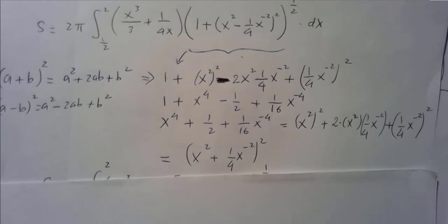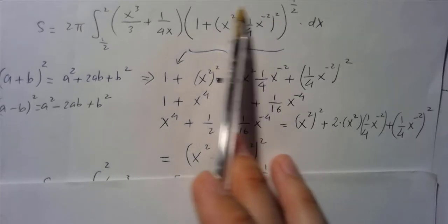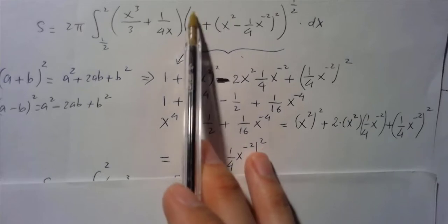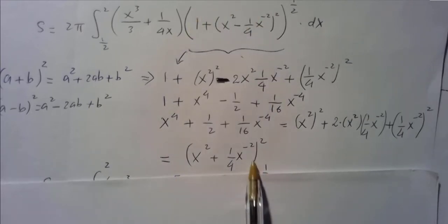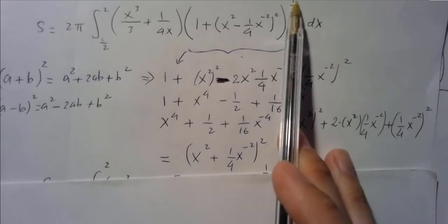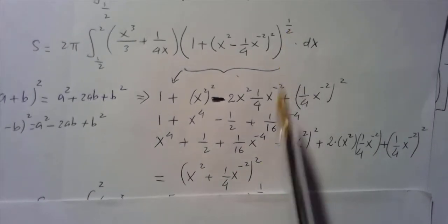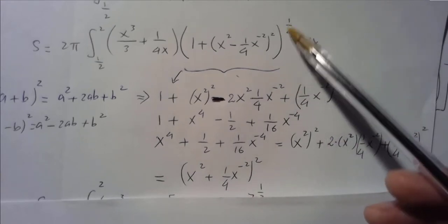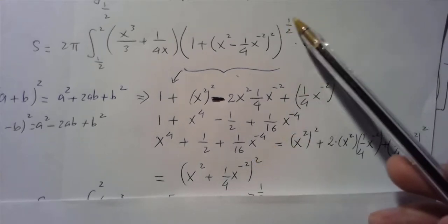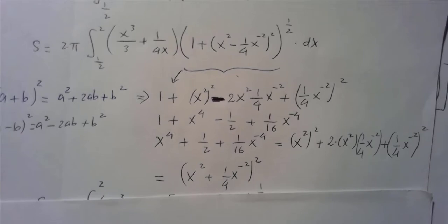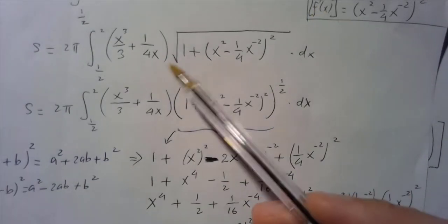And the reason why I rewrite the whole thing as a square is that this whole term here, 1 plus that whole term, now becomes this whole thing squared. And then because of the square here and the 1/2 here, when you power it to 1/2 outside, 2 times 1/2 just becomes 1. Or you just take away the square root, which is right here.